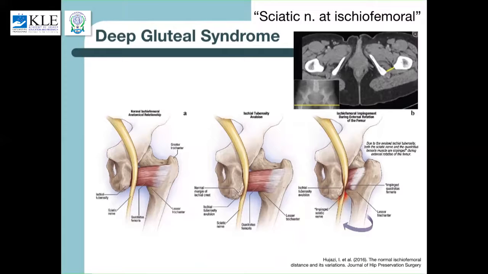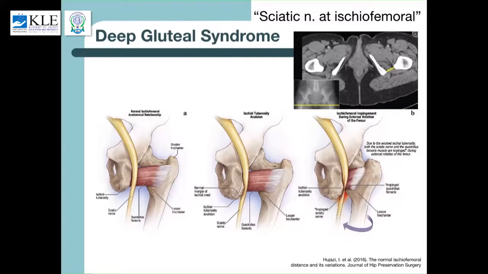So what do we know about it? Well, we know in males, through a multitude of studies, that we're looking for about 23 millimeters of space if we're doing CT investigation, and we measure that space, and it has a variance of about 7 millimeters. If we're looking at females, you're looking at about 18 millimeters, give or take 8 millimeters of variance there as well.